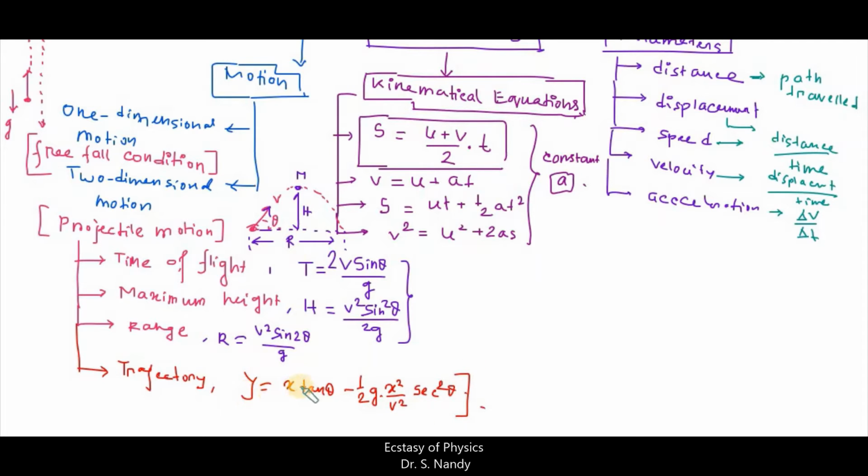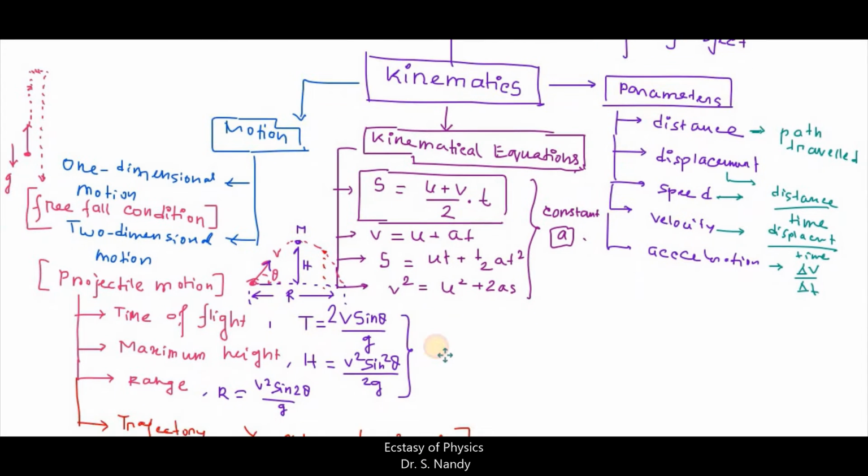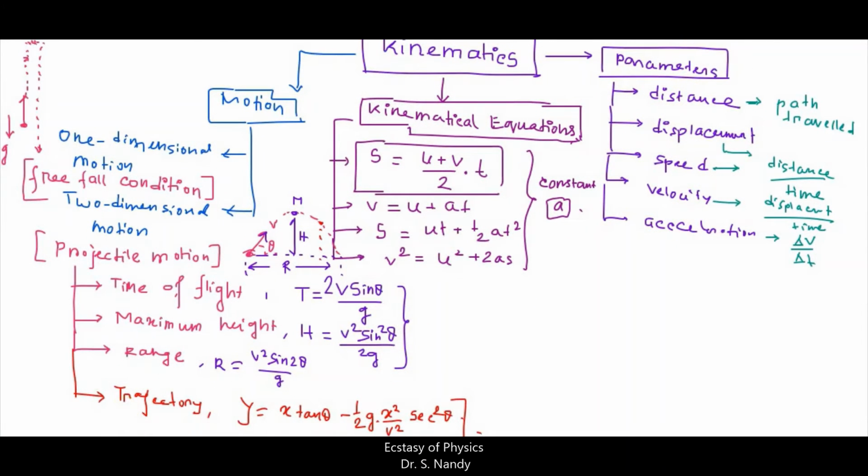Here y and x represent any point on this projectile, meaning the coordinates of any point on this parabolic path, and of the rest of the parameters, v is the initial velocity, or you can consider it the velocity of projection, theta is the angle of projection, and g is the gravitational acceleration. So this is the entirety of the motion equations of kinematics.